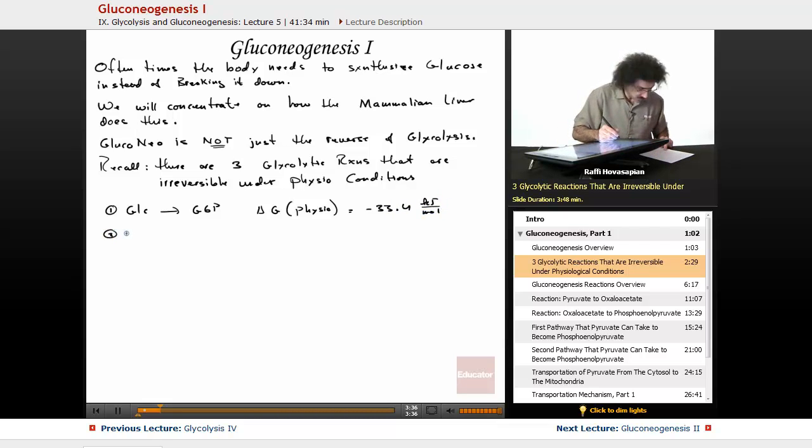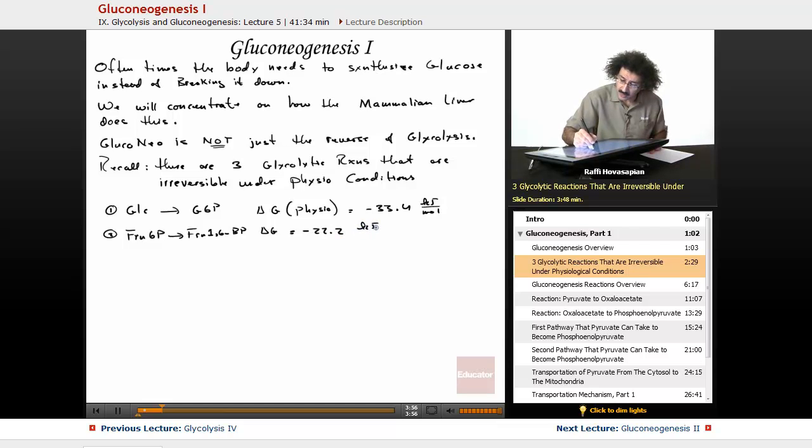And then the second reaction is going to be the fructose 6-phosphate to the fructose 1,6-bisphosphate. That one carries a delta G of about negative 22 kilojoules per mole.